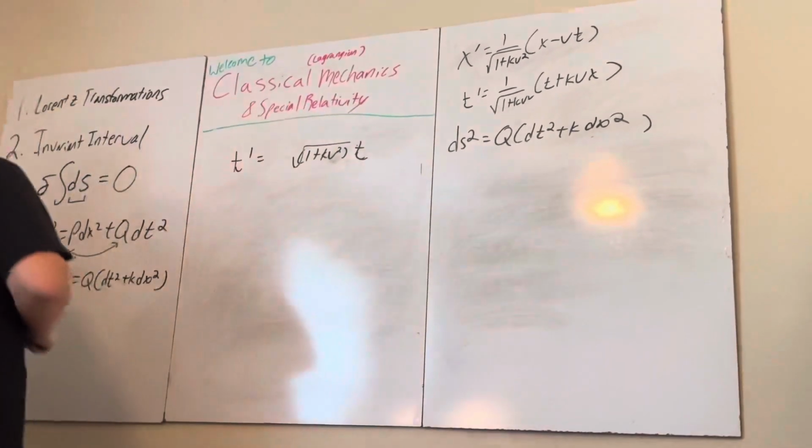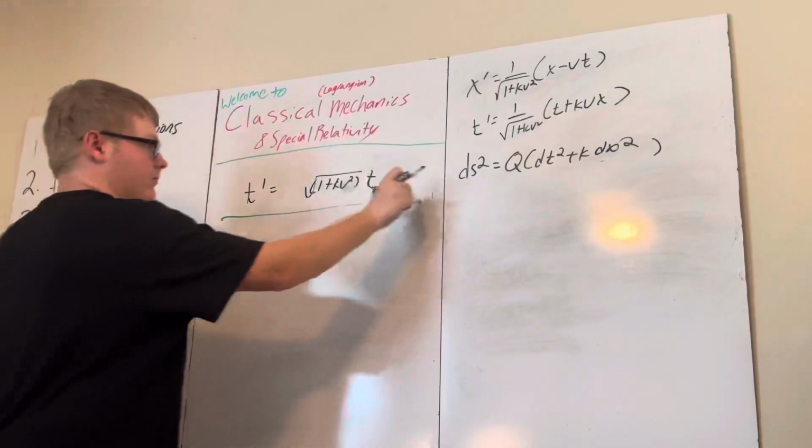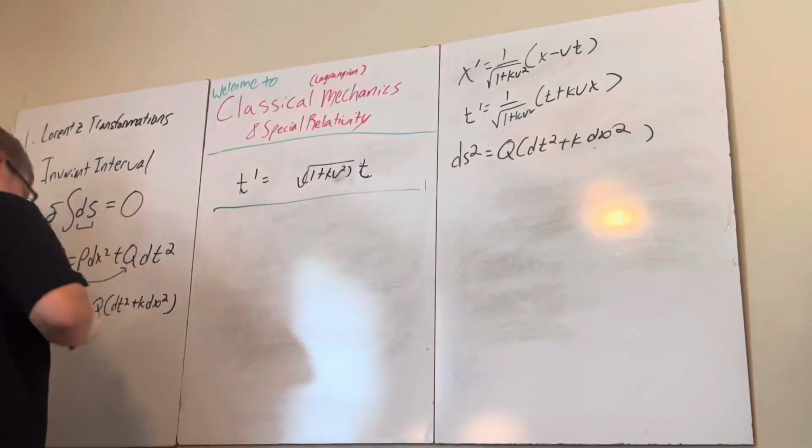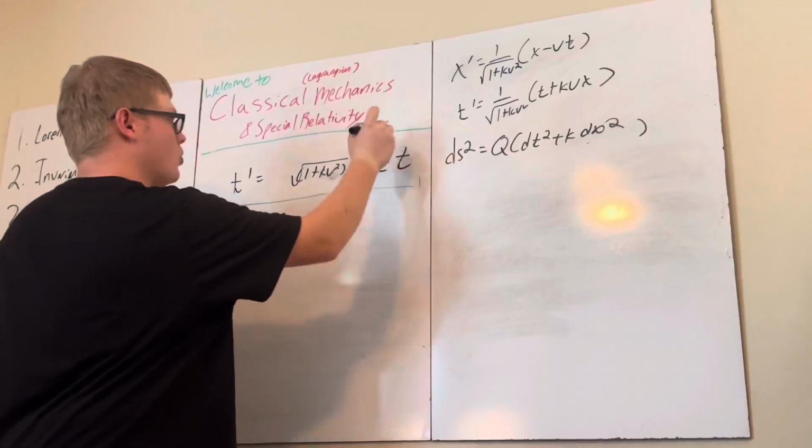For some reason, that appears to be a fundamental property here. I have some ideas, but I'm not going to share them right now. The time coordinate in the moving frame has to be less than the time coordinate in the rest frame.